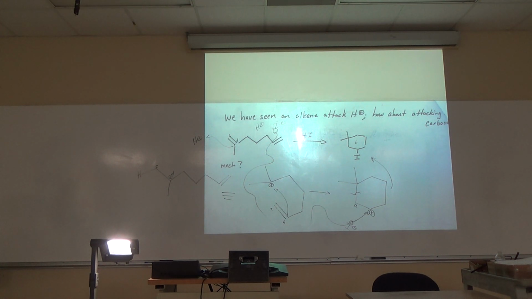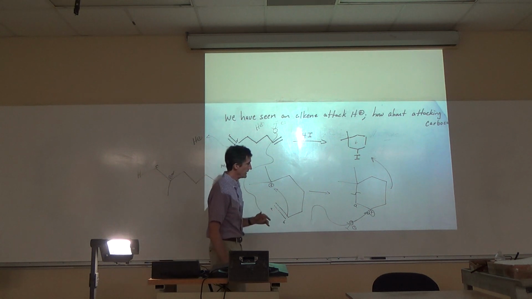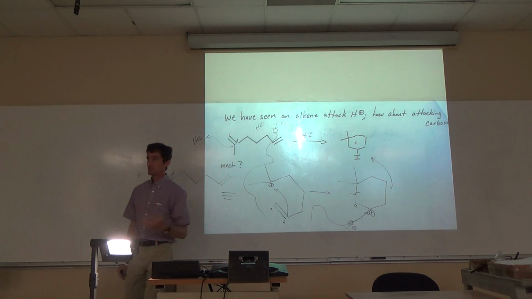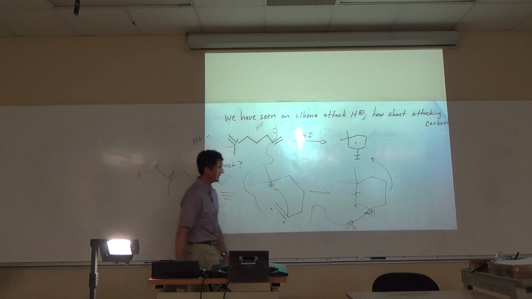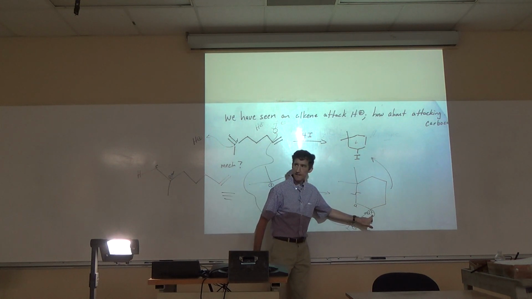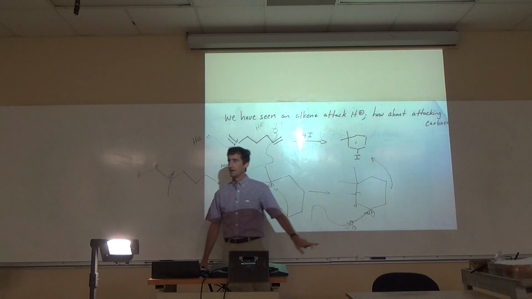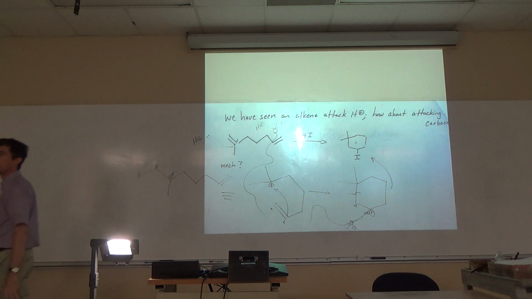Are we ever going to see one that has more than 2 pi bonds? So we would react H plus with the most stable form of the carbocation and then have to choose between 2 more pi bonds to form the ring? Well, yes, you can see any of such. I thought you were going to say, and then another alkene attacks this cation. No, just like when you have a regular hydrocarbon, I'm sure you can handle it.